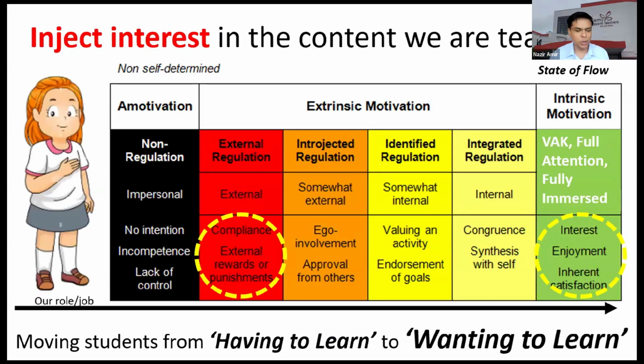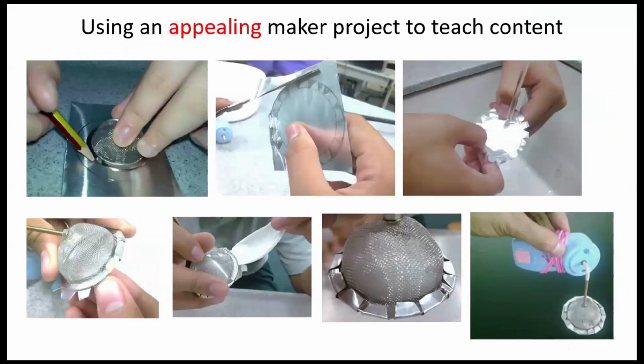So allow me to share with you another example where in science, my colleagues and myself came together and we thought, can we use a simple maker activity to teach content, to promote interest in STEM through the way we are teaching science? So we used a tea strainer for making tea and an aluminum plate.